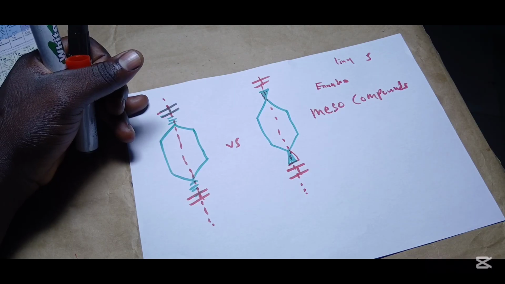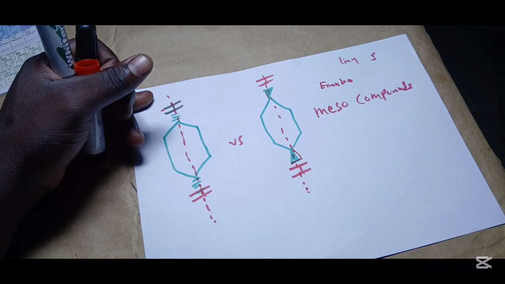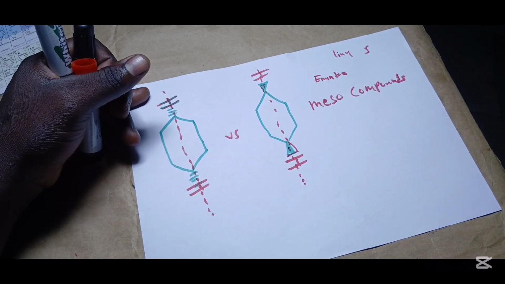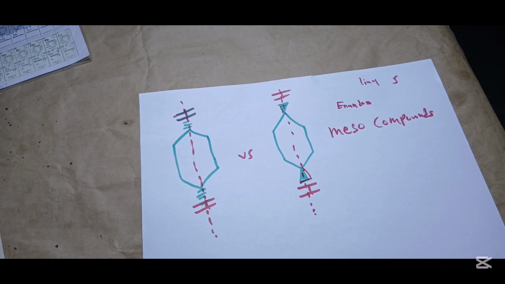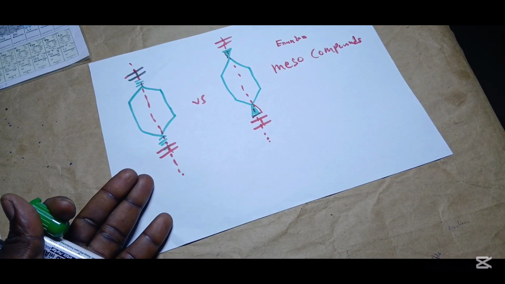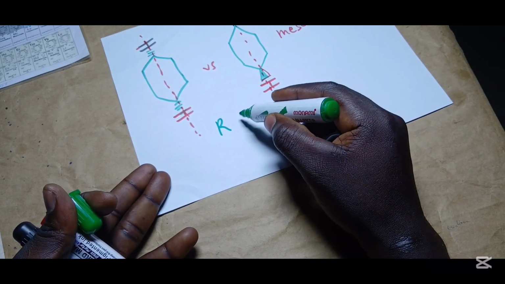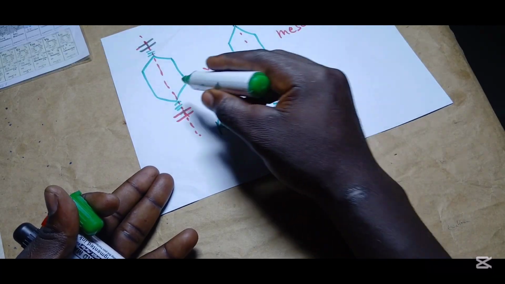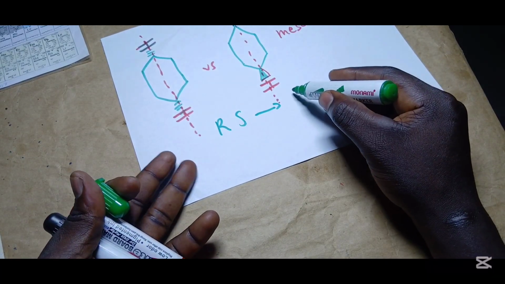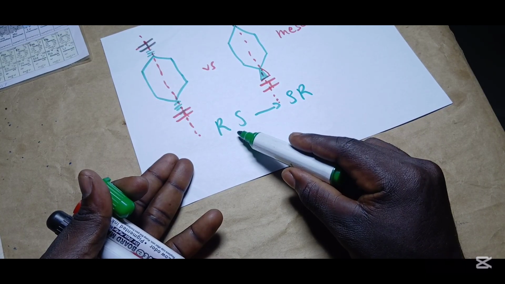So if the two compounds that you are comparing have chiral carbons, and they are not enantiomers, they will be either meso compounds or identical. Before we end this video, let me enlighten you on this. Let's say one of the molecules is RS, and the configuration of the other one is SR, which means it has changed completely, right?